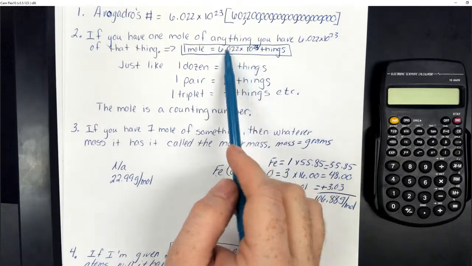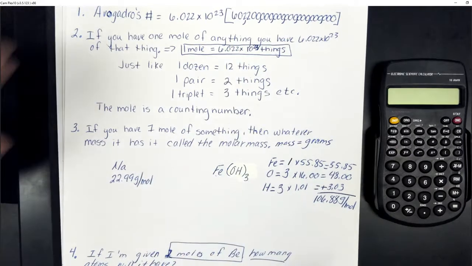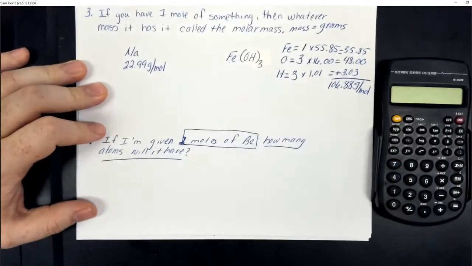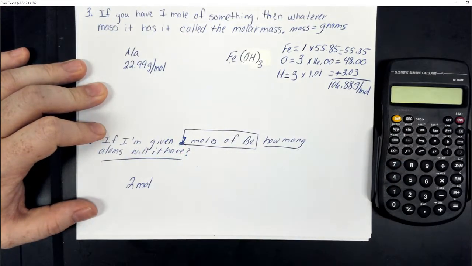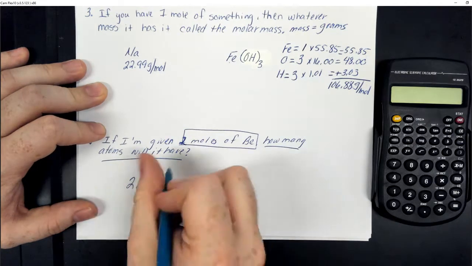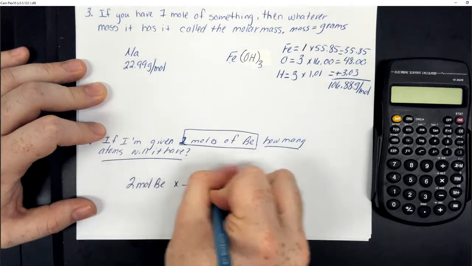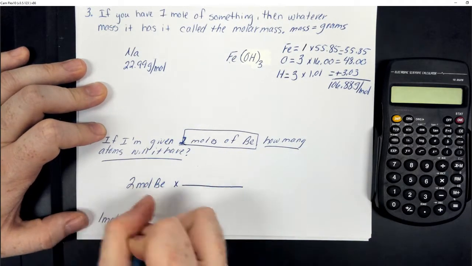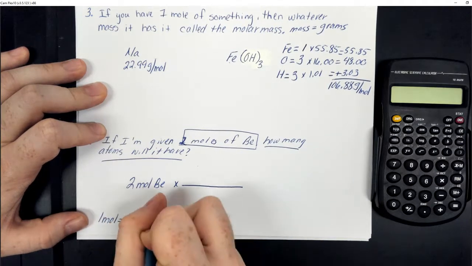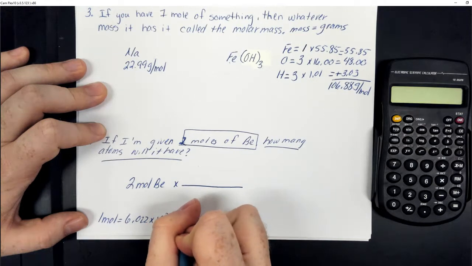1 mole is double this number, which I don't know. We'll have to plug this one into a calculator. But let's set it up first. We have 2 moles. I abbreviate mole, MOL. I know it's not much of an abbreviation. Of beryllium. We have to multiply that by a conversion factor, and our conversion factor is 1 mole is equal to 6.022 times 10 to the 23rd. In this case, we're dealing with atoms this time, okay?